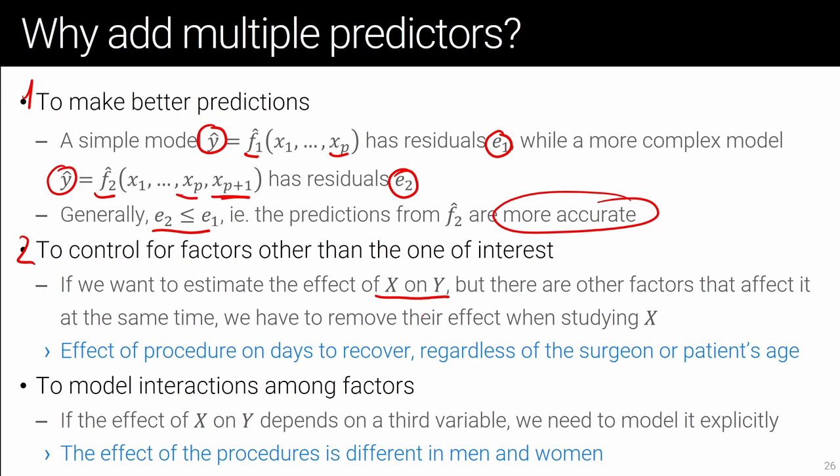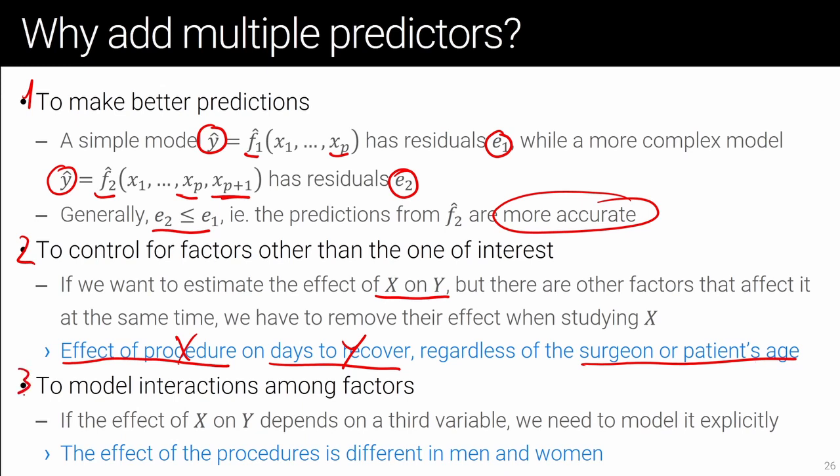So what we have to do is remove their effect when studying the effect of X. So again, using the example of the surgical procedure, let's say the surgical procedure is the X we want to study, and then the days to recover is the Y. But we want to study this effect regardless of the surgeon or the patient's age. So we have to control for the surgeon and the patient's age when we want to see what is the effect of the surgical procedure on days to recover.